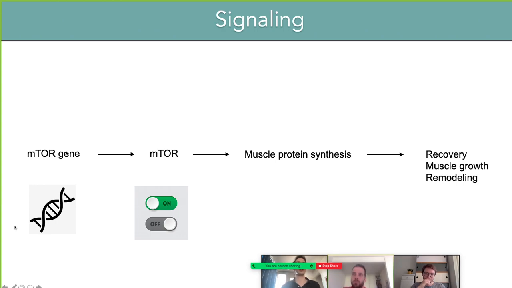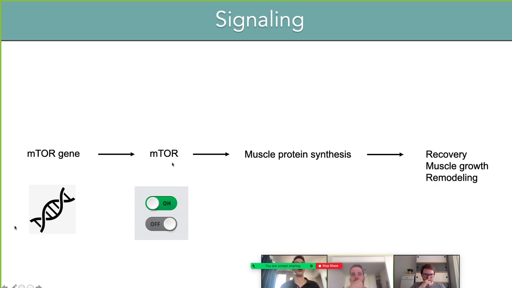So these were these two panels that Gus showed. One was all about gene expression, like what proteins is the body building as investments in the future. And another panel was the anabolic signaling, and that's basically of proteins like mTOR, how active are they?